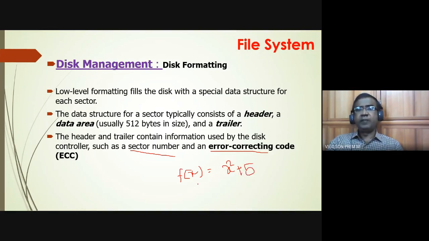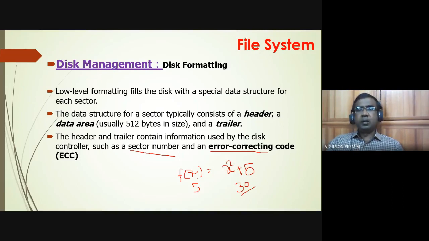If the x value is 5, what does it mean? 5 squared plus 5, so 25 plus 5, 30. Are you able to understand?